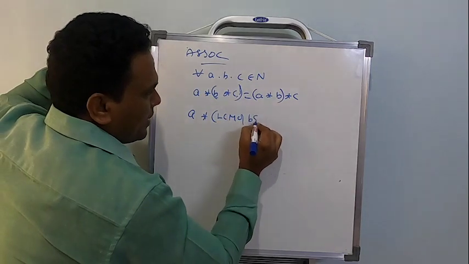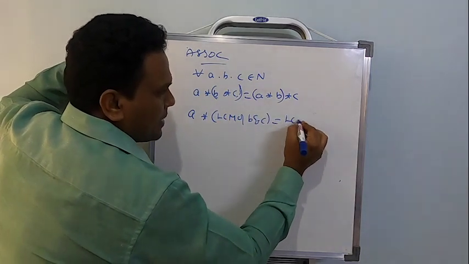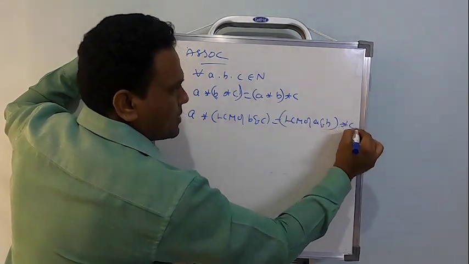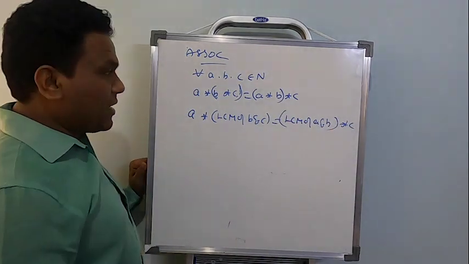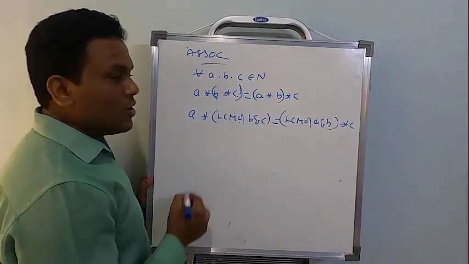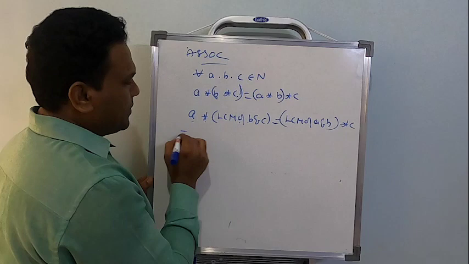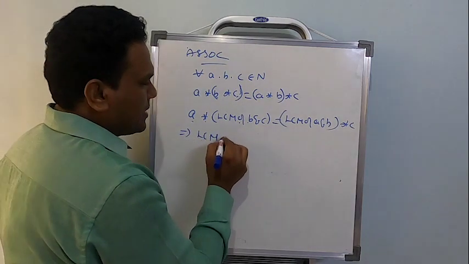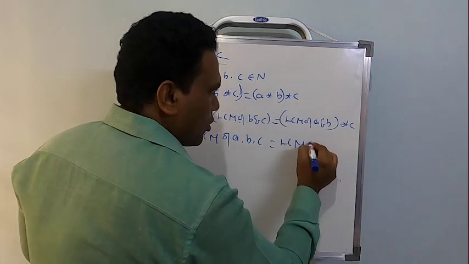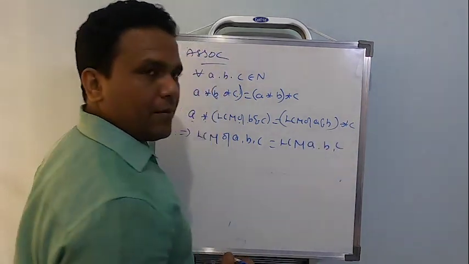LCM of B and C. And here LCM of A and (B star C). This is my first element, this is my second element. When I operate star between them, the next one says LCM of A, B, C. This is also going to be LCM of A, B, C.